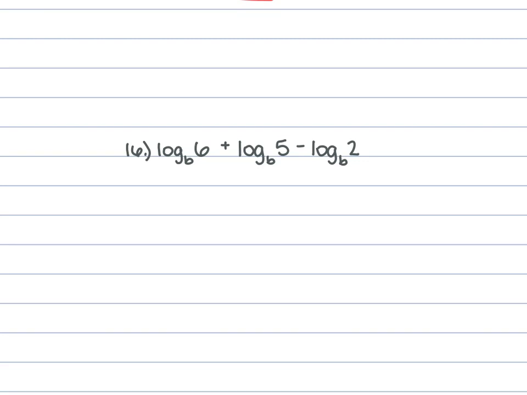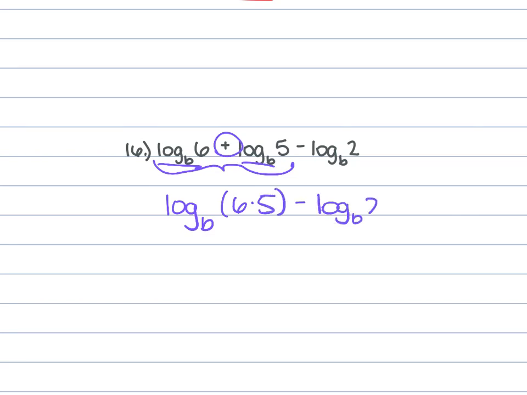For 16, we have log b of 6 plus log b of 5 minus log b of 2. So we're going to start with the addition. Our bases are the same. Multiply the 6 and the 5. So this is going to give us log b of 6 times 5 minus log b of 2. The 6 times 5 is 30.